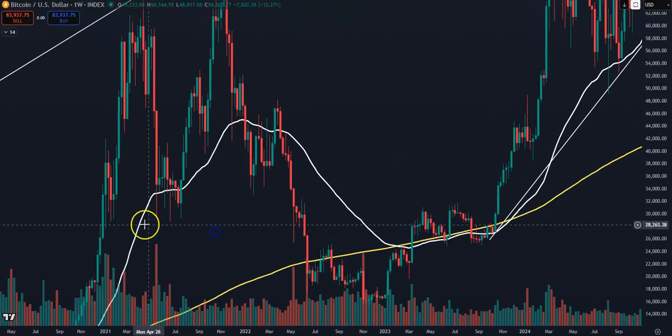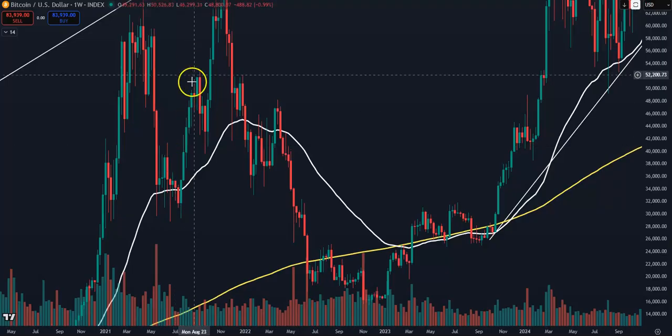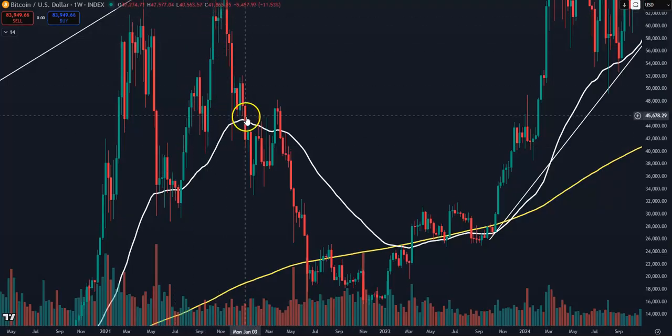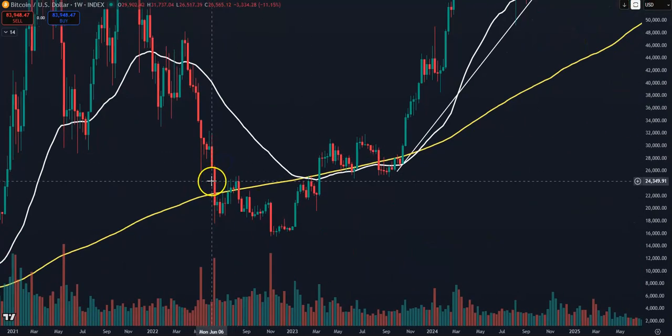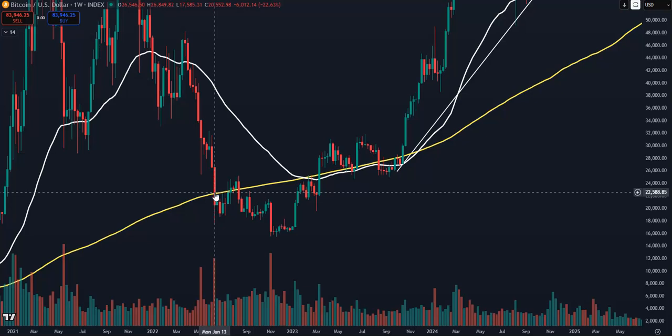Now we go back here, and this is the last cycle. We had our moves, we had our drop below the 50, and the price was supposed to come and consolidate around the 200. But as you can see, on Monday, January the 13th, there was a huge drop.